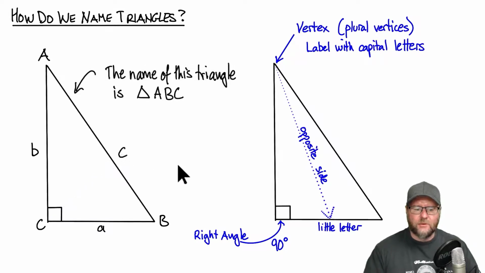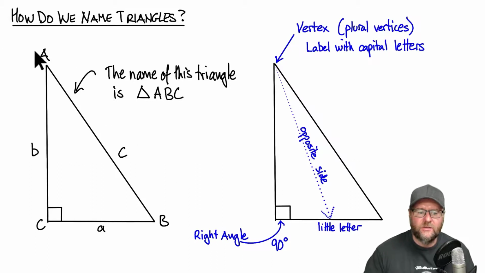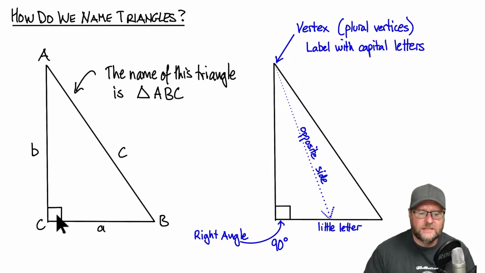So now we've labeled this triangle. Now the name of this triangle is triangle ABC. All right, we refer to the letters at the vertex to label it, and we put a little triangle symbol in front to signify that we're talking about a triangle. So this is triangle ABC because it's a triangle and it goes from A to B to C. So we'd say the name of that was triangle ABC.